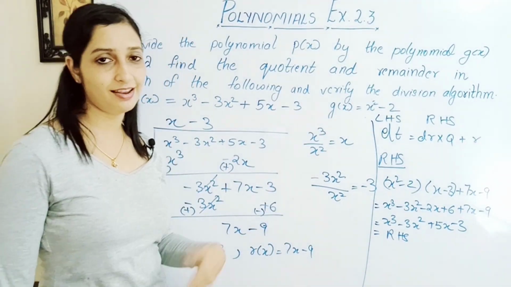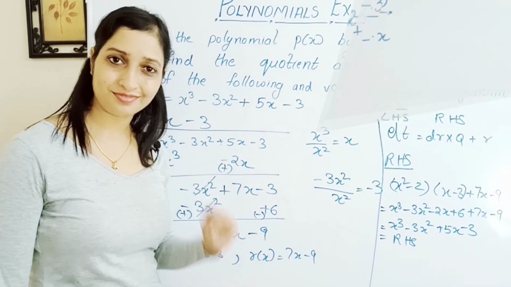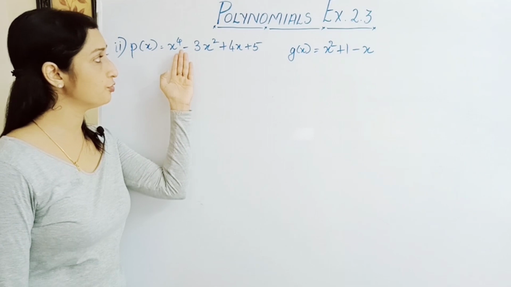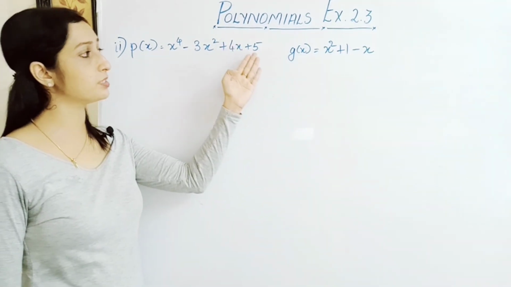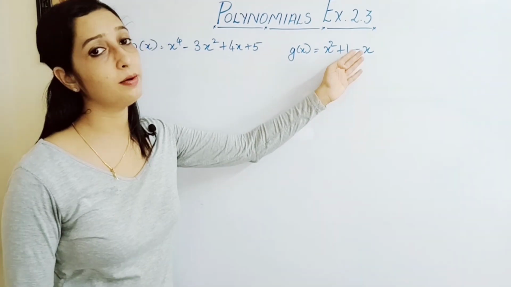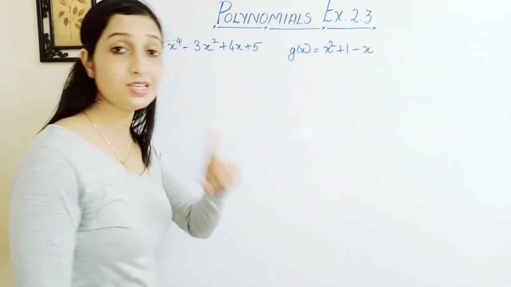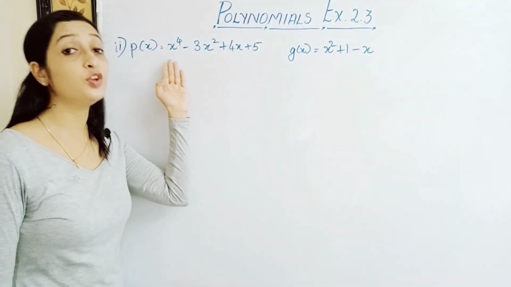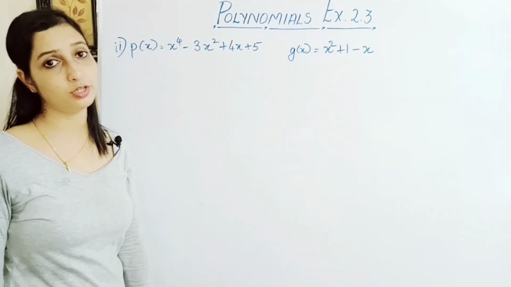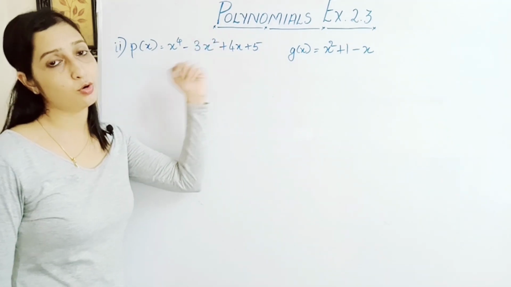Now let's move on to our next question, which is part 2. This is our second question, which is p of x is equal to x raised to 4 minus 3x square plus 4x plus 5 and g of x is equal to x square plus 1 minus x. So first thing you have to do is rearrange your given polynomials in the decreasing order of the powers of the variable.